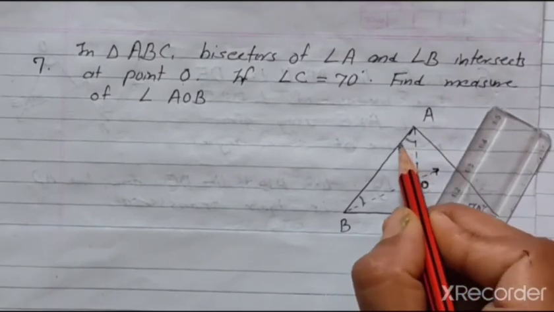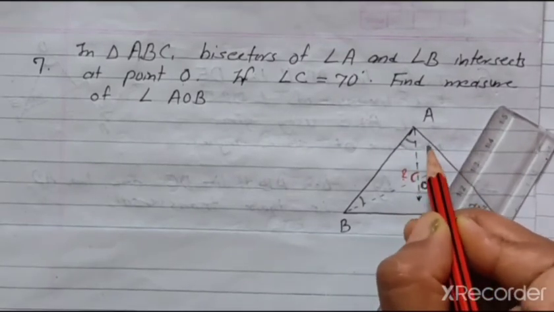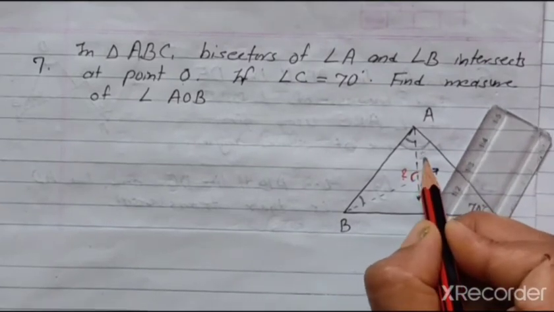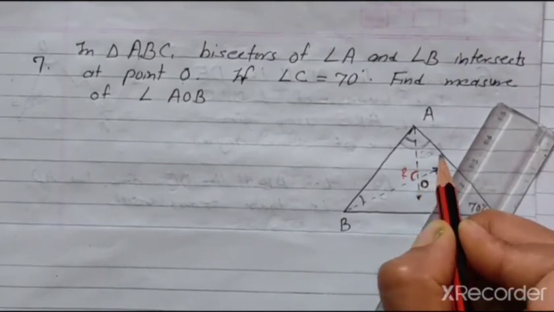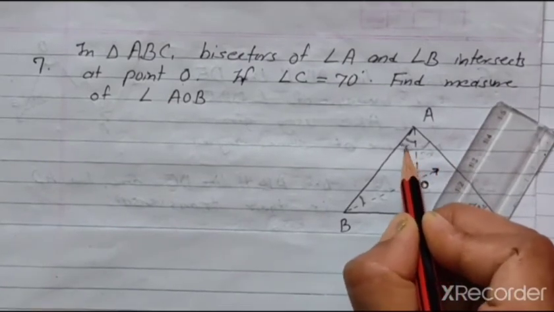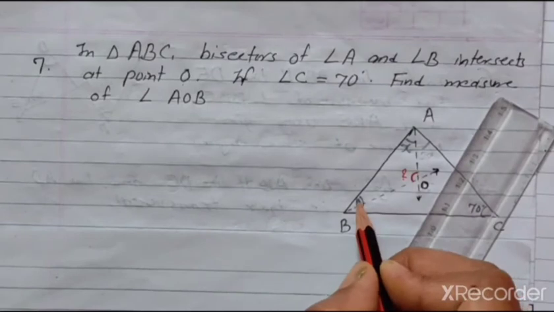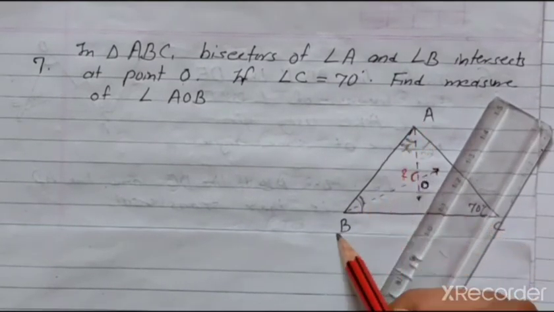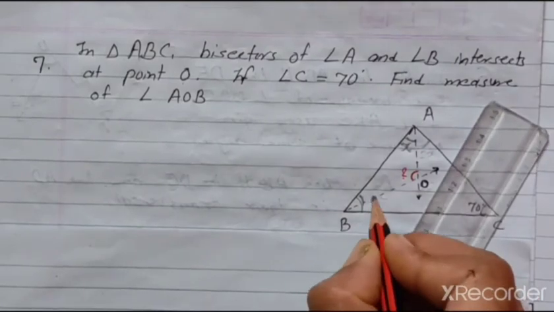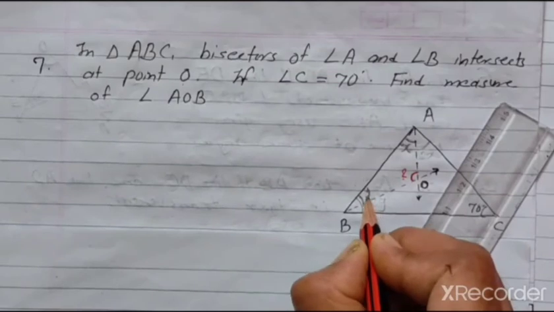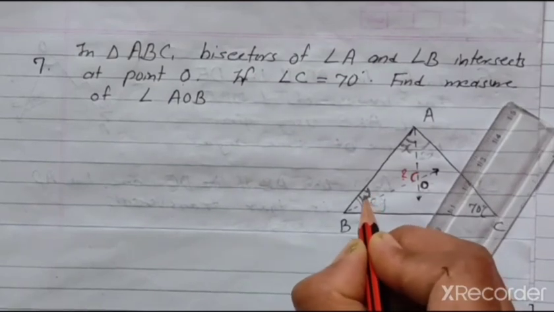So we have to consider it. Here I am considering this measure as 2x, because half of 2x becomes x, and again this whole measure, that is the measure of angle ABC, is equal to, suppose, 2y, so that half of this 2y is only y.